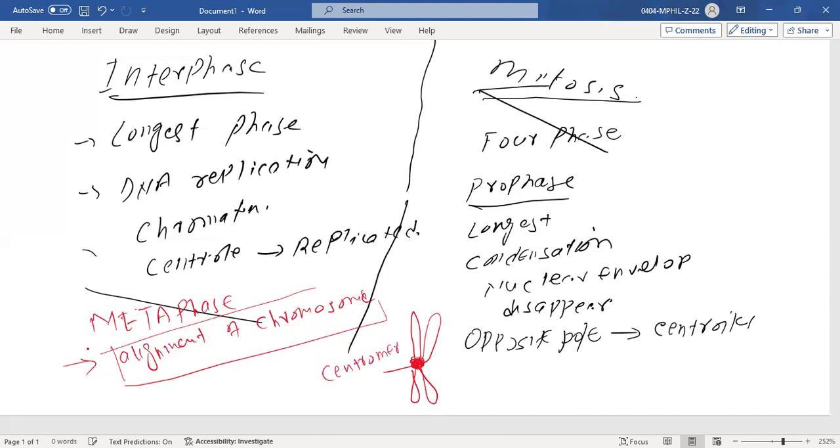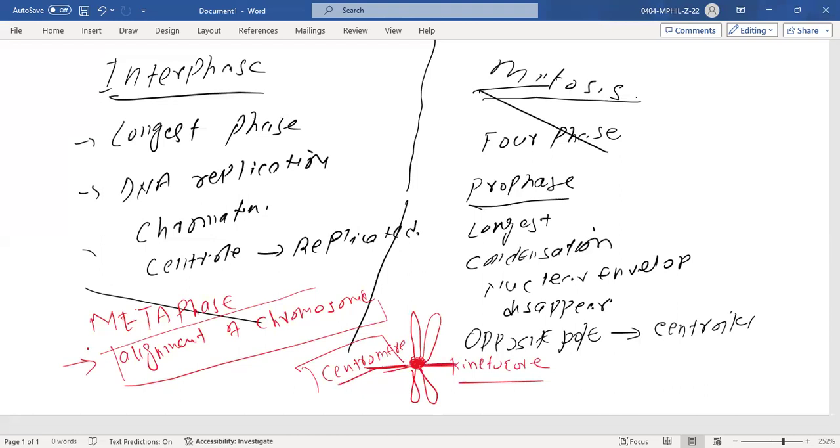Okay, no issue. Centromere. Anything else? Is there any specific protein by which the centromere is formed? Do you remember the name of it? Kinetochore. Yes, this is the specific protein by which this centromere is formed. So this kinetochore is the point on which the spindle fibers will come to attach.